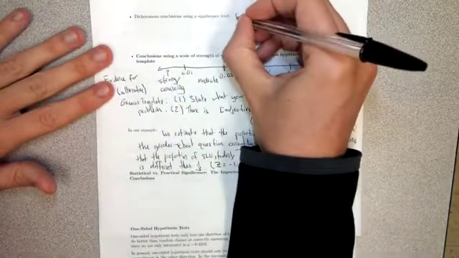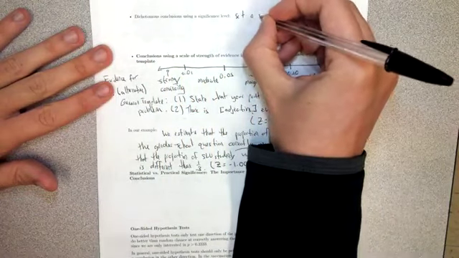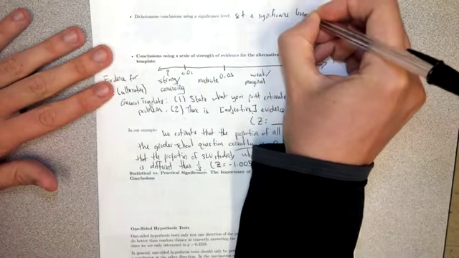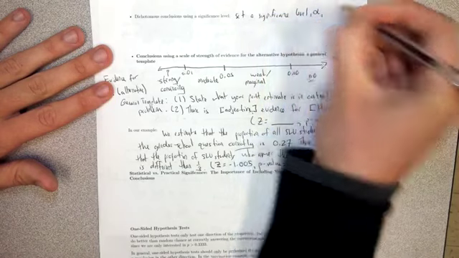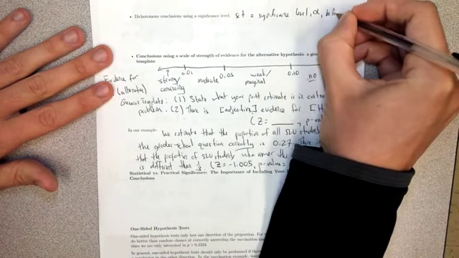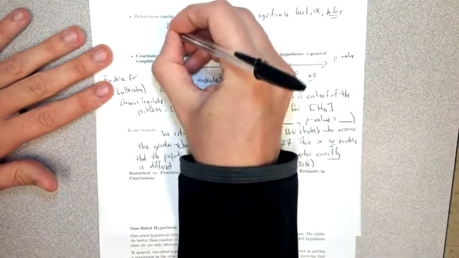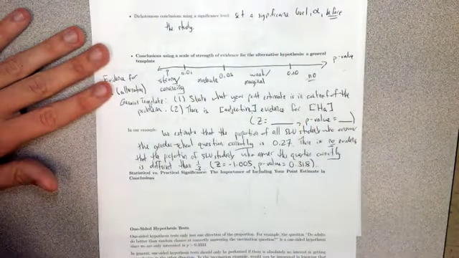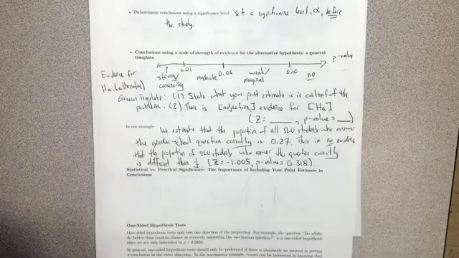What's done here is that you set a significance level. So that was our alpha. And you usually set this before the study even takes place. So that's set and ready to go before you even collect data.